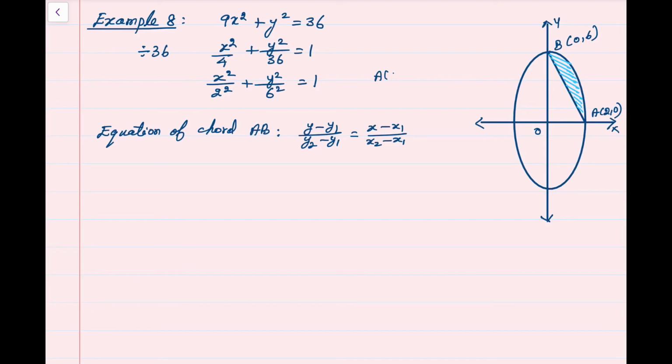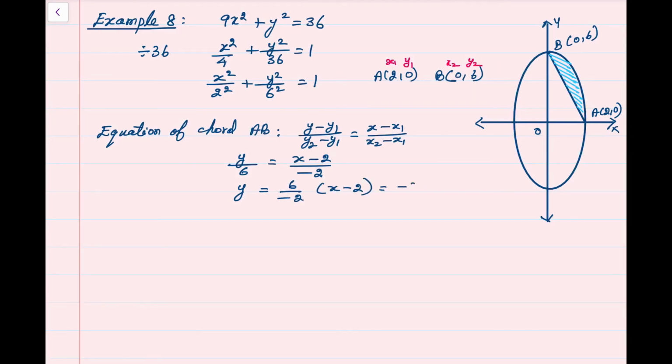We will take A point as (x1, y1) and B point as (x2, y2). y minus 0 divided by 6 minus 0 equal to x minus 2 divided by 0 minus 2. y will be 6 divided by minus 2 times x minus 2, minus 3 times x minus 2. y is minus 3x plus 6. This is the equation of the chord AB.